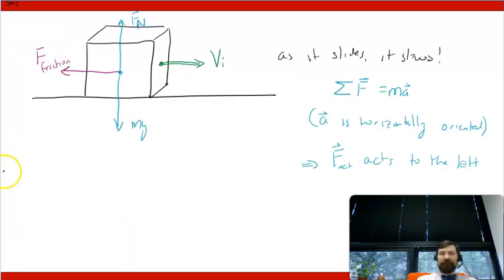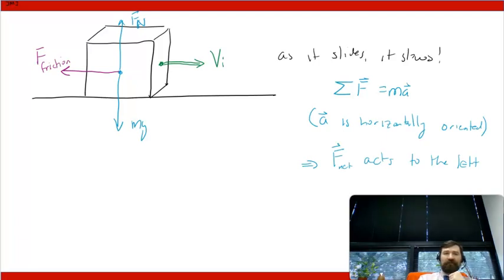In this case, the friction force more or less is constant, assuming that the surfaces are identical. Assuming that the bottom surface of this remains the same everywhere, that there's no scraping off or sanding down as it moves, then this will be a constant deceleration.